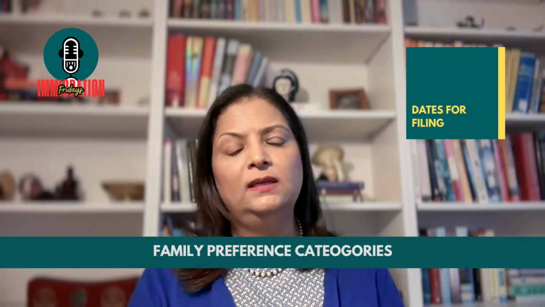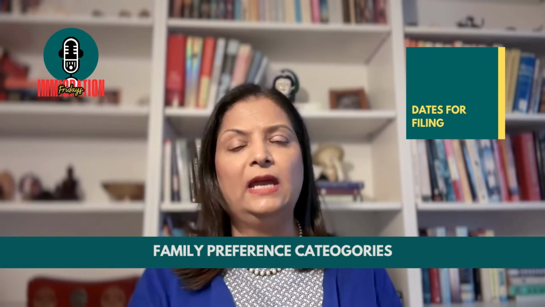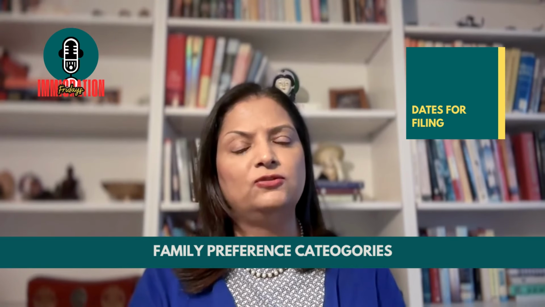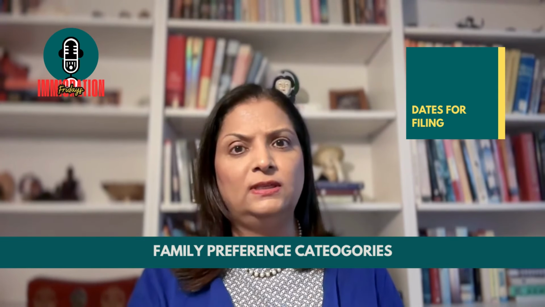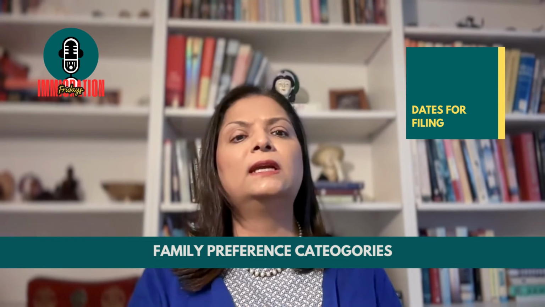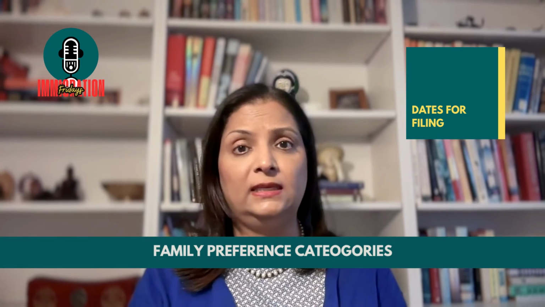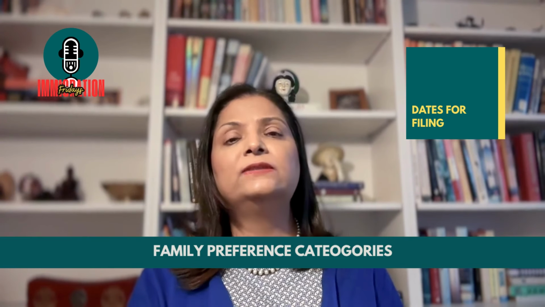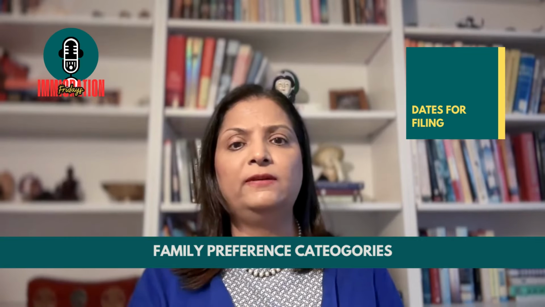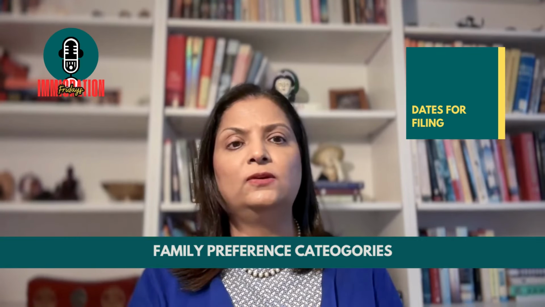And now going into the dates for filing table, like we discussed, there are two types of table: dates for filing, where you can file in advance of the actual date being available, and then final action date. We looked at the final action date table for family based. Now let's look at the dates for filing table. F1 advanced by 4 months and 23 days for Mexico.